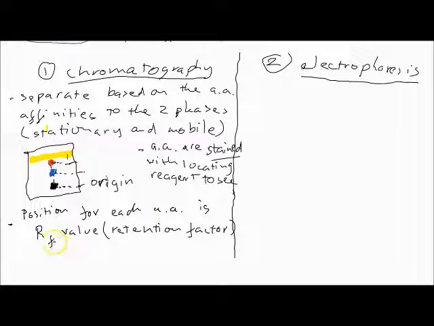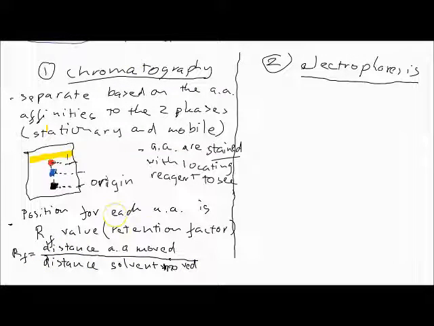The retention factor is equal to the distance that the amino acid moved divided by the distance that the solvent moved. For example, look at our blue amino acid here. Let's call it amino acid A. The distance it moved is this small distance a.